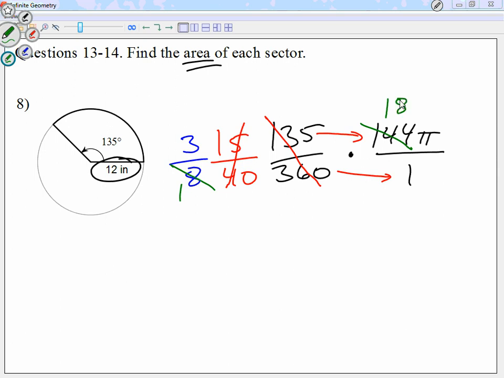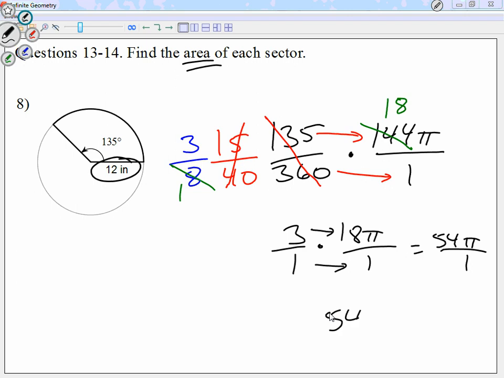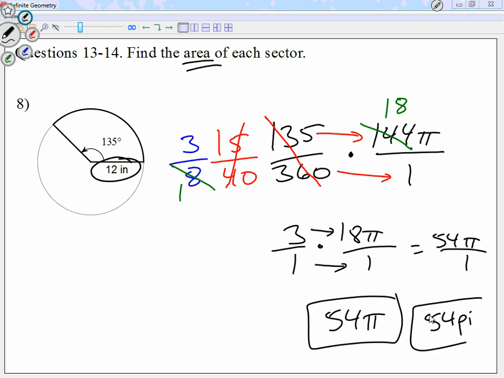So just to make it a little bit clean, I have 3 over 1 times 18 pi over 1. Right? That's basically what I have. And I know I multiply straight. 3 times 18 is 54. So I have 54 pi over 1, which is better known as 54 pi. And obviously for us to type it in, we're going to go 54 pi.